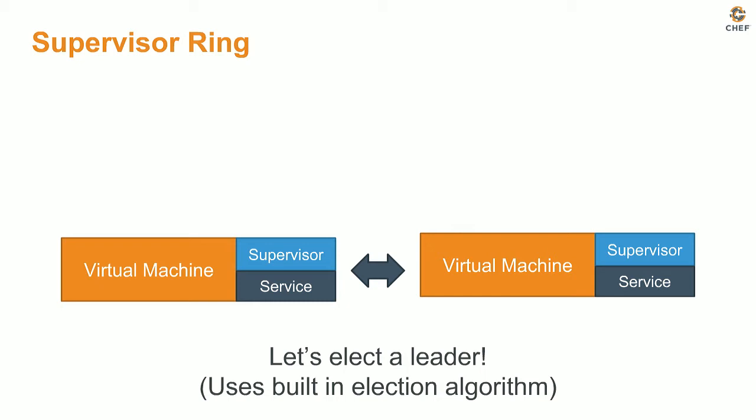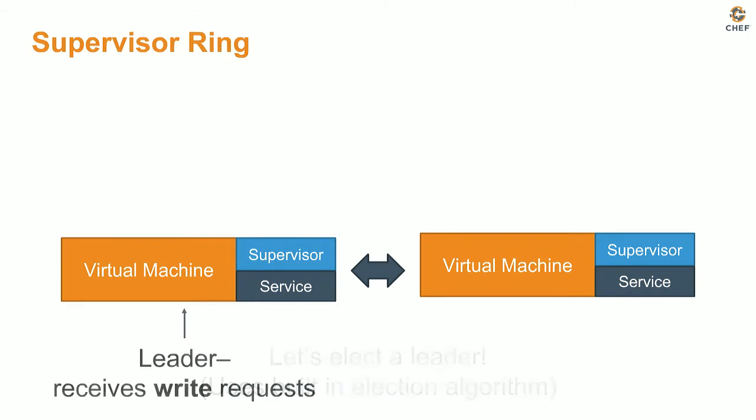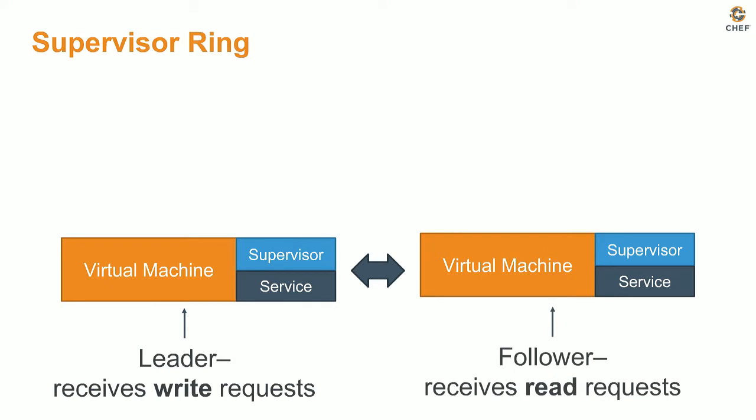So when they realize they don't have a leader, they're going to go ahead and elect a leader again. Again, they do this on their own without any outside intervention. Let's say this one over here on the left receives the write request, and this one over here on the right becomes the follower, and it receives the read requests. So again, they do this all on their own without the need for a central orchestrator.